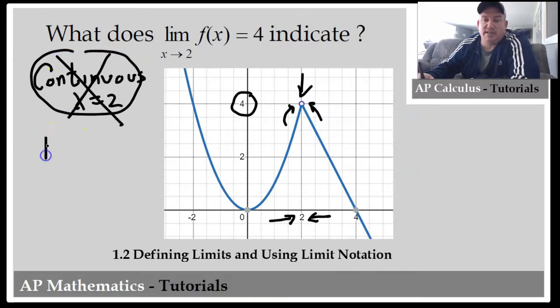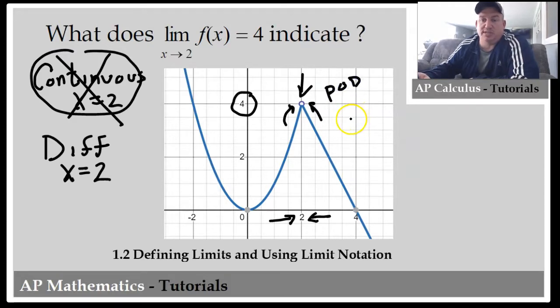Also, if a limit exists, we cannot assume that a function is differentiable at x equals 2. Clearly, an open circle is a point of discontinuity, and if you are at a point of discontinuity, you're definitely not differentiable at that open point.